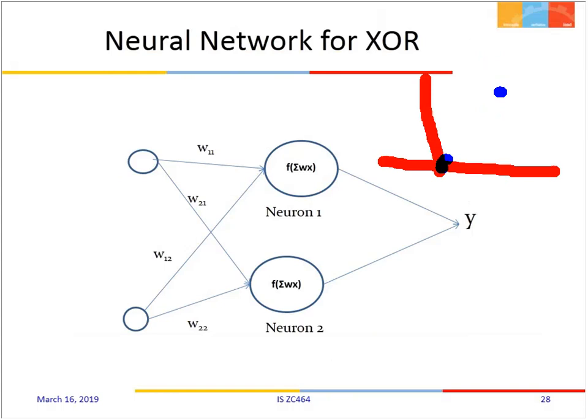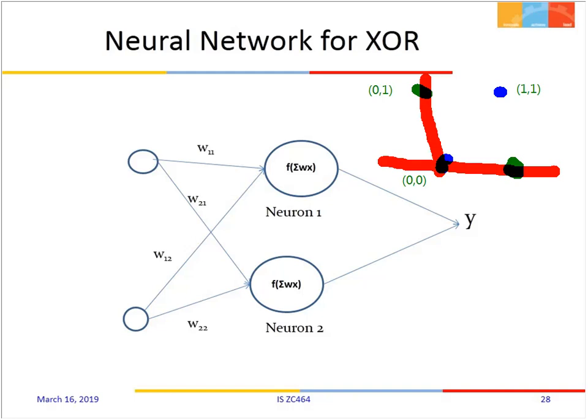So 1, 0 and 0, 1 are representing class 1, while 1, 1 and 0, 0, with x1 and x2 being 1, 1 and x1 and x2 being 0, 0, are represented by blue dots, and the data 0, 1 and 1, 0 are represented by green dots. So the green dot is representing the class label as 1 and the blue dot is representing the class label as 0, right?